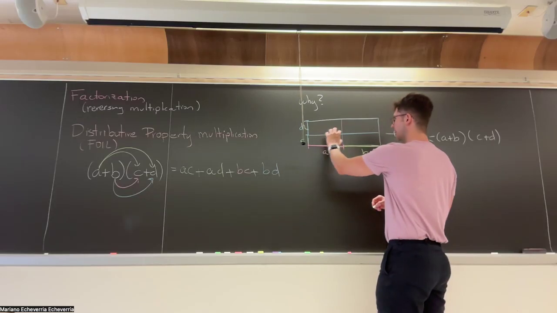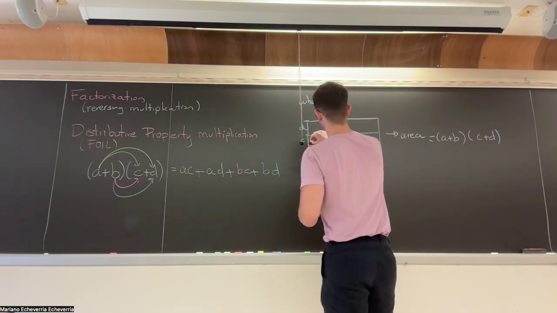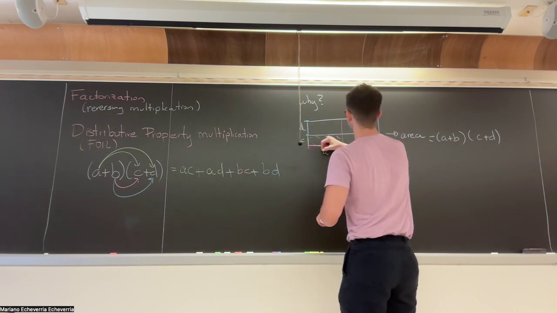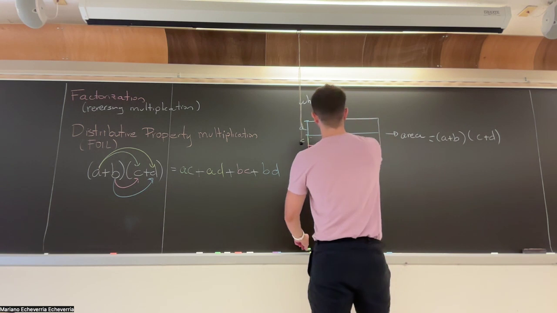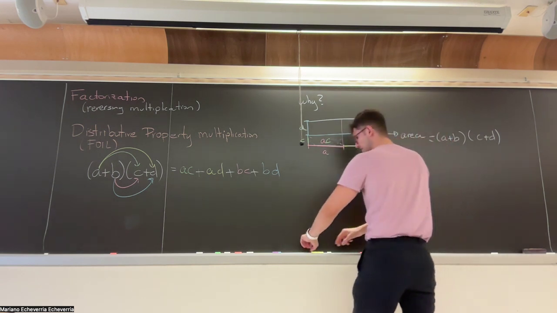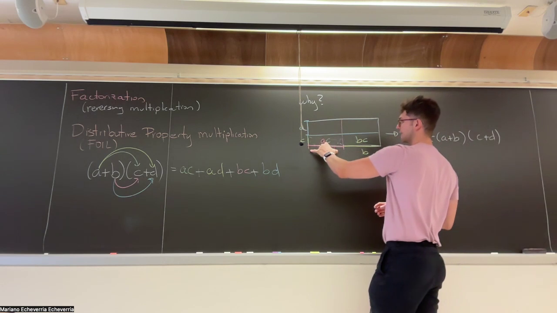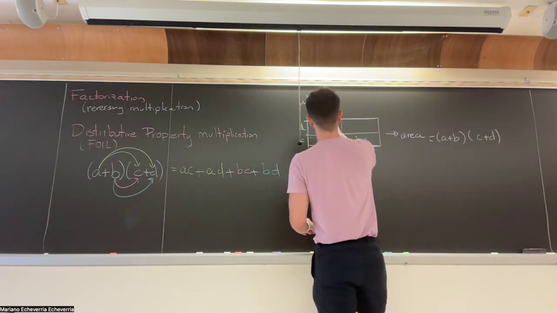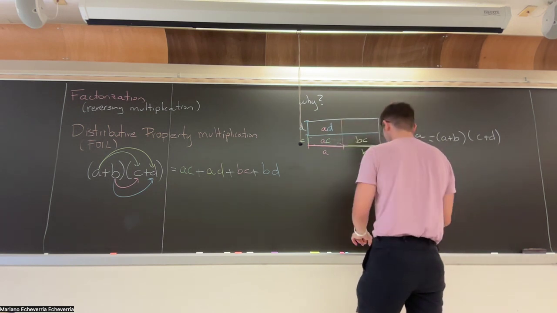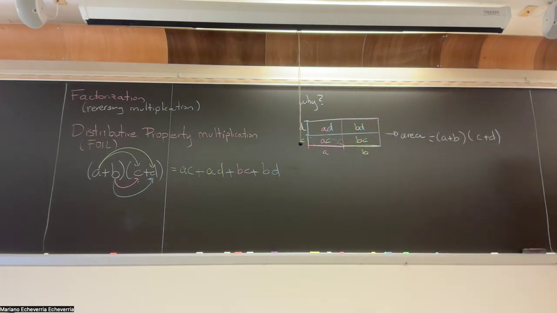So what are the individual mini rectangles that you have here? One rectangle has area A times C. This other one has area B times C. This other one has area A times D. And the last one has area B times D. That makes sense.